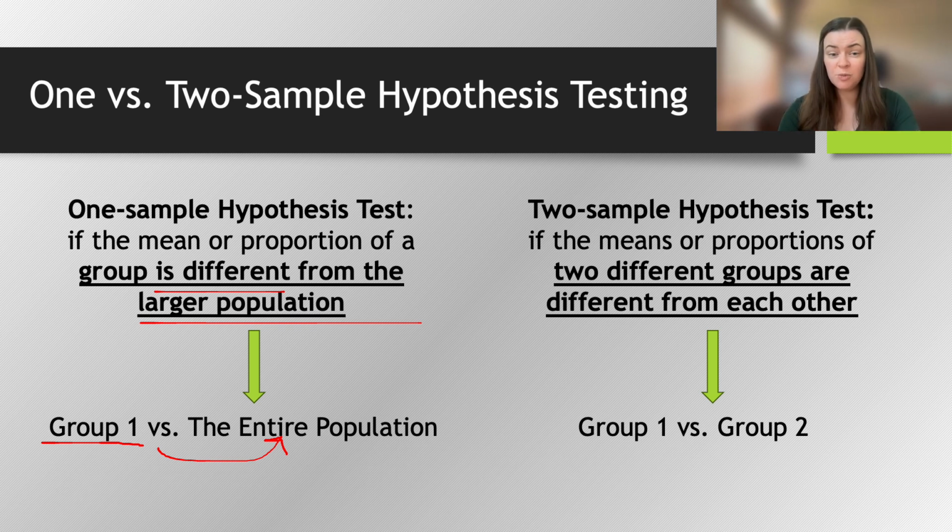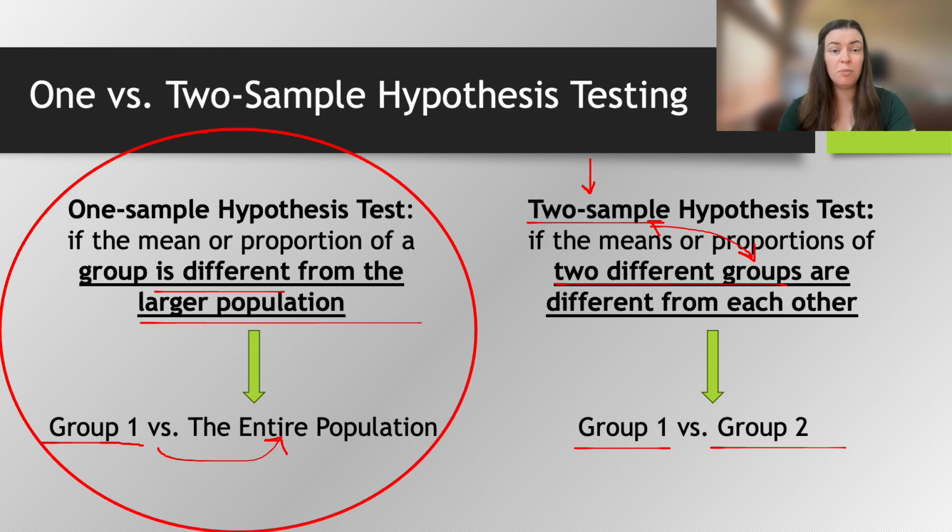The biggest difference between the two is that two-sample hypothesis testing, just in the lead-in of the name itself suggests, is that it's two different groups or two different samples that we are testing against one another. So you can think of this as group one versus group two. But for the purposes of the rest of this video, we will be focusing exclusively on one sample hypothesis testing.